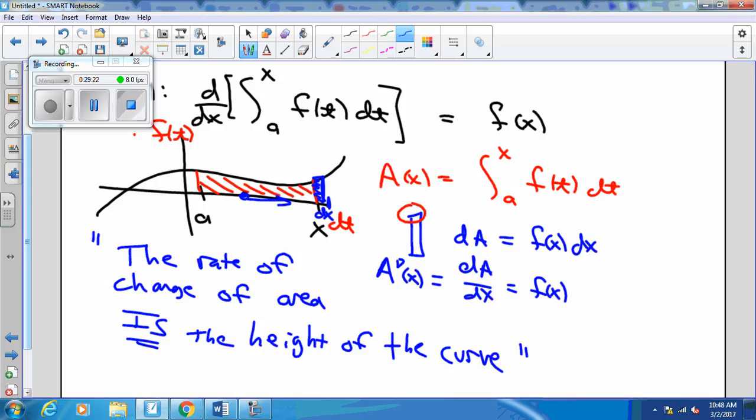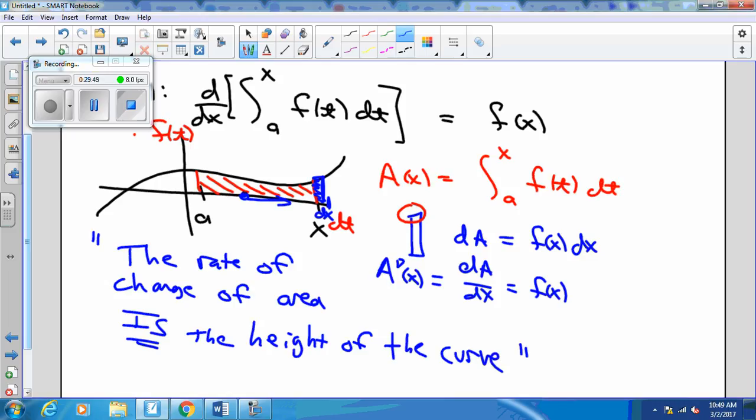So it's the rate of change of the area with respect to the distance along the x-axis that I travel. There's no time involved here. It's looking at how the area changes with respect to how x changes. Another way of putting it is that the extra area that you add will be proportional to the distance that you travel, and the proportionality will be the height of the curve.